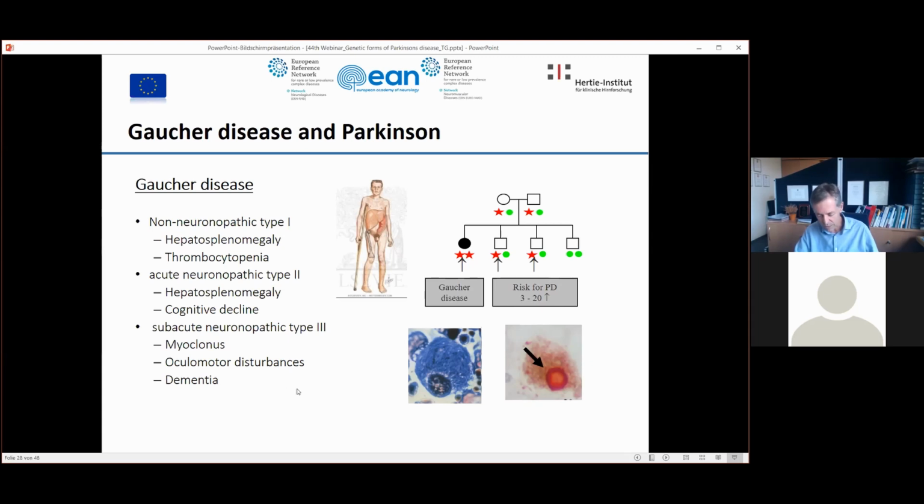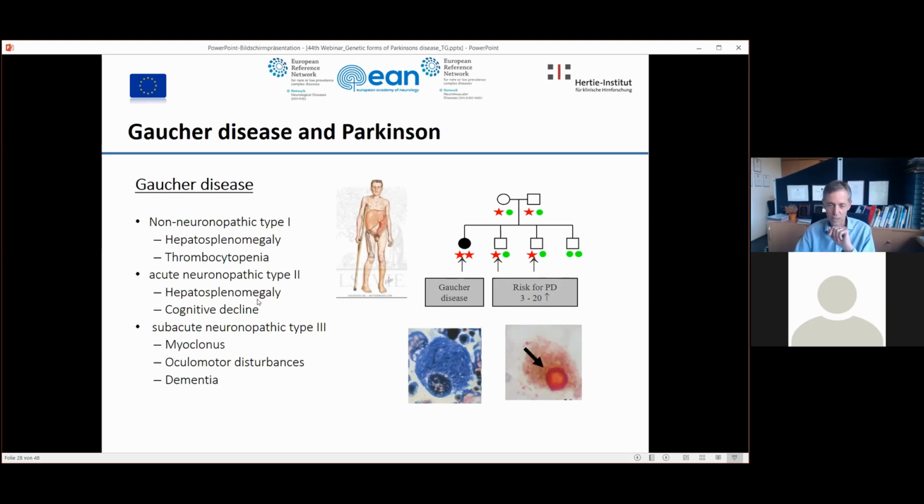And it's actually relatively common in the German population, and overall in the European population, about 7 to 8% of Parkinson's patients in our hands have variants in this GBA gene. So they are heterozygous mutation carriers for this Gaucher disease gene.